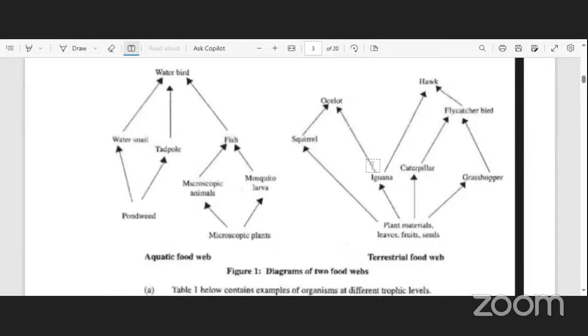What kind of primary consumers can we get from the aquatic food web and from the terrestrial food web, students?